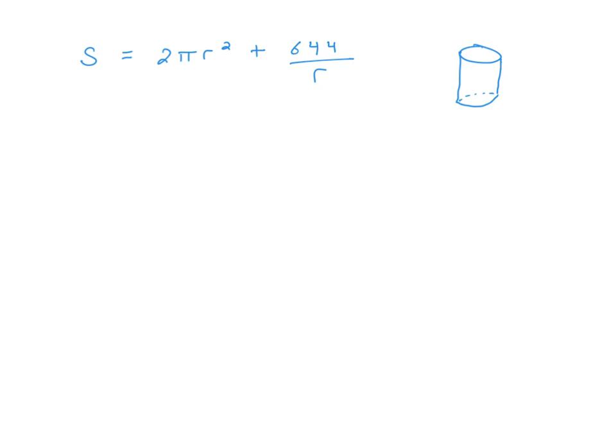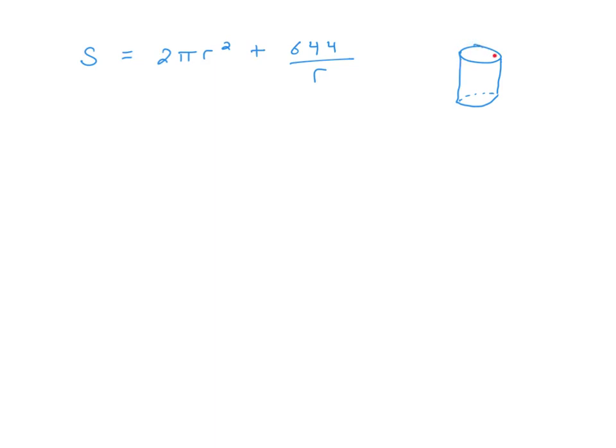For part B of this problem, this was the surface area formula that we got in part A. But it turns out that this doesn't work for an actual soda can, and the reason is it says that the top and the bottom actually have twice the thickness. So what we're going to do is make a slight adjustment to this formula and then go through the process of finding the critical point based on this new number.